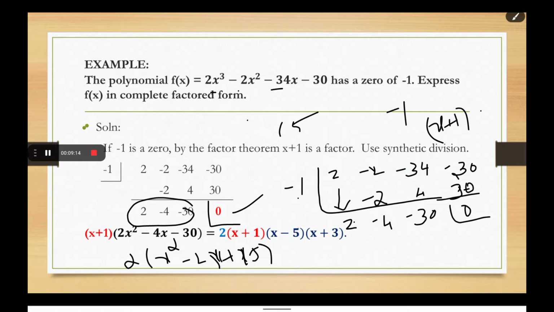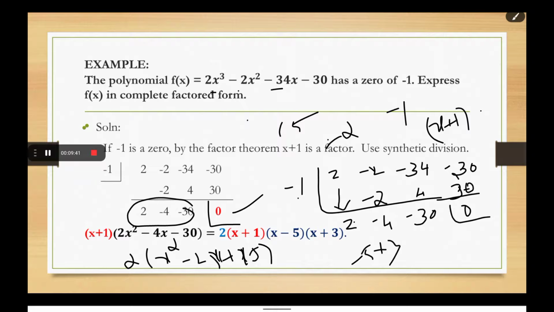If we add, we want to get minus 1. Wait a minute.